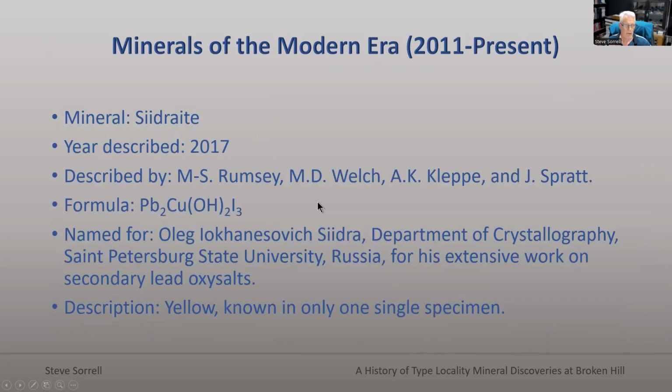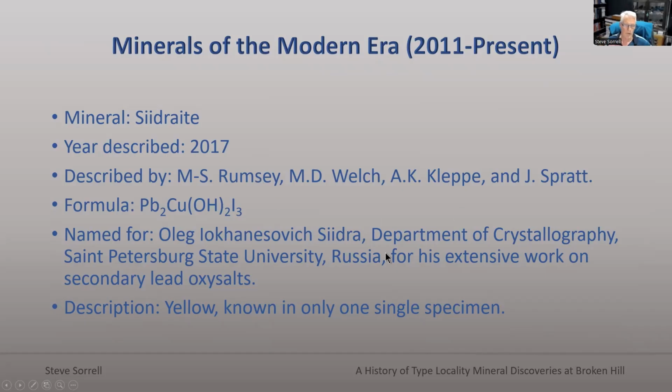We have sidraite. I think it's named after Oleg Sidra from Russia, and it's another iodine bearing mineral, and this was found on a specimen at the Natural History Museum in London.